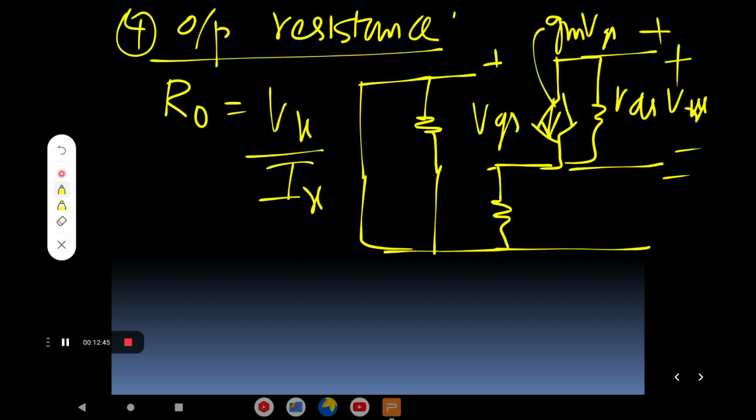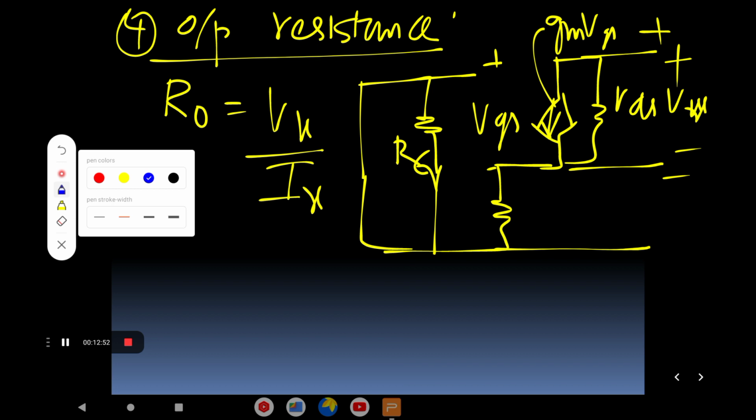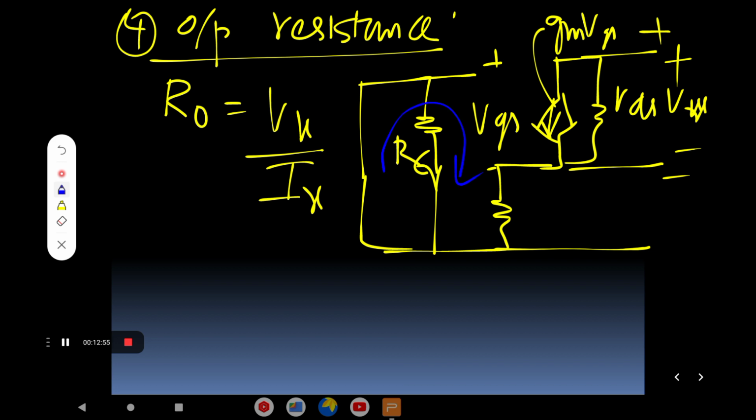First of all, you have to apply the KVL in loop 1. At the input side, you will get VGS plus Ix into Rs is equal to 0. This is nothing but an RG, right? Applying the KVL in this loop, VGS minus the current passing through RG, which for the time being I call Ix.